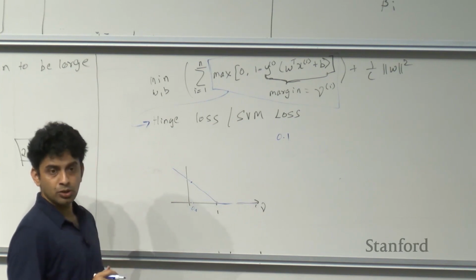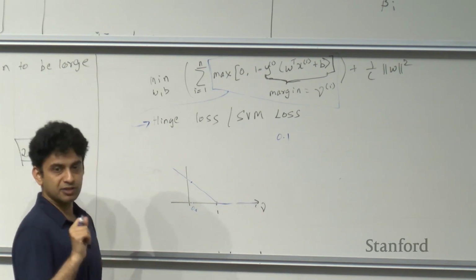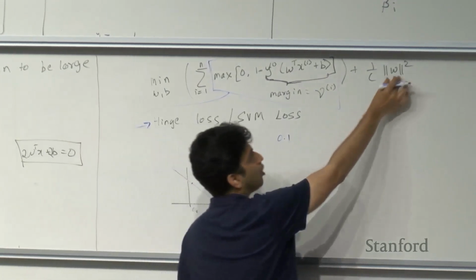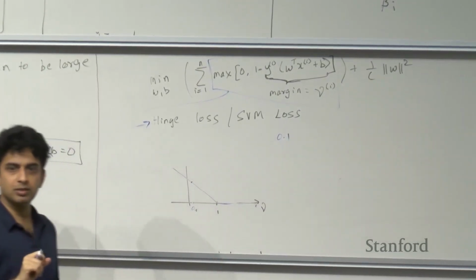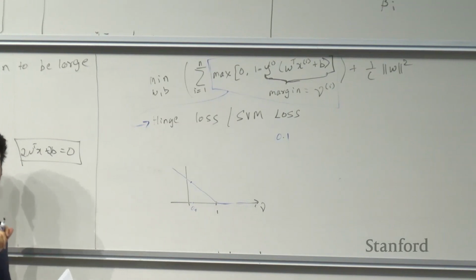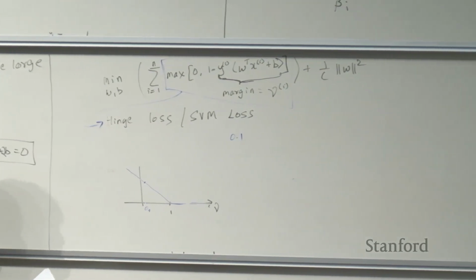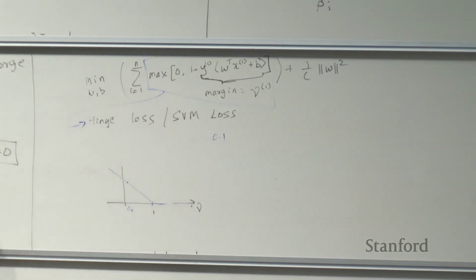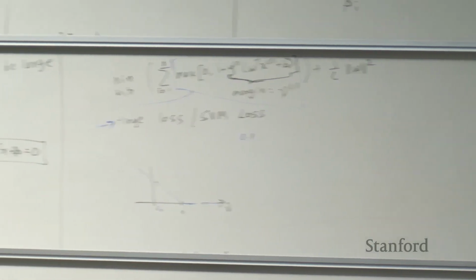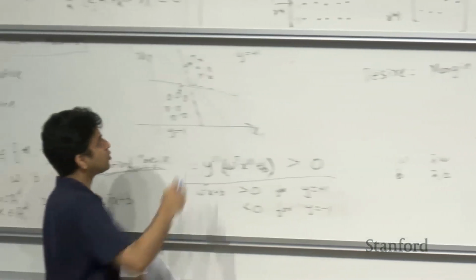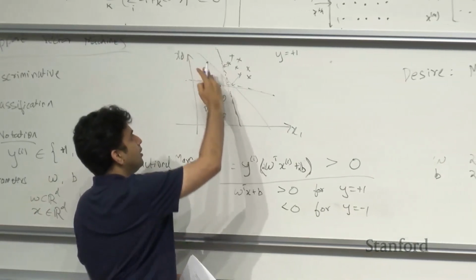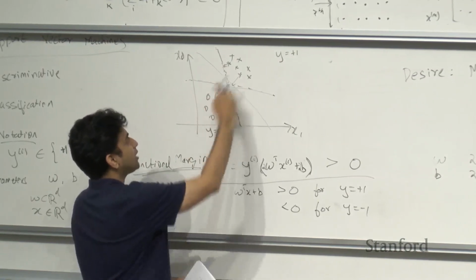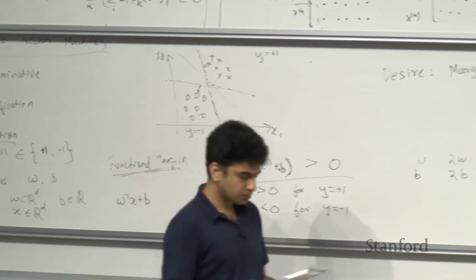And in order to safeguard against that kind of scaling, we also penalize the norm of w, which means you can't just increase the value of w by scaling it larger and thereby increasing the functional margin. You actually need to find a well-suited w and b such that they are actually far away from the examples.